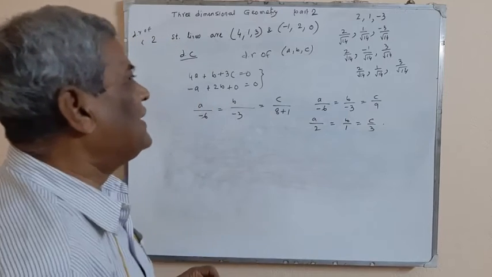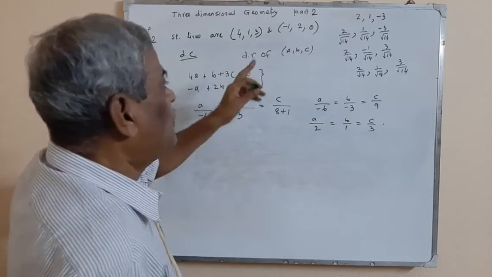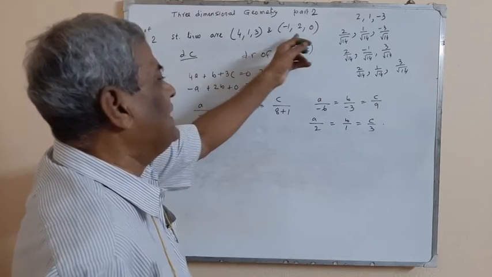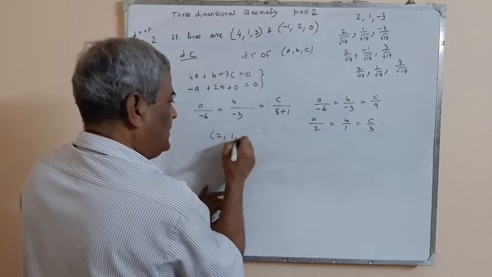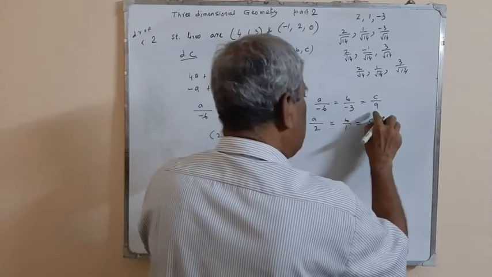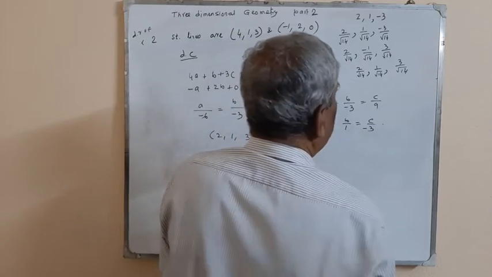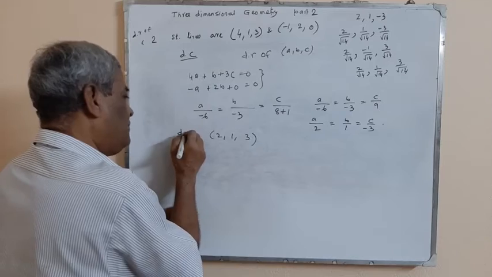So the direction ratio of the line which is perpendicular to both this and that is 2, 1, minus 3. You see? So this is the direction ratio.